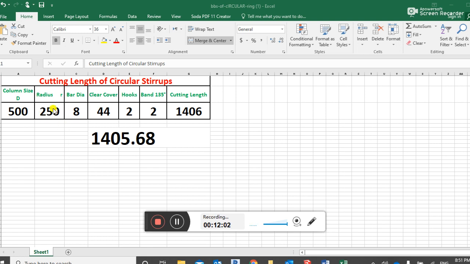Bar diameter is 8 millimeter. Clear cover is 44 and hooks is 2. Bend 135 is 2, and cutting length is 1406. Divided by 1000 to convert to meter, it becomes 1.4 meter. This was the calculation of cutting length of stirrups in a circular column.